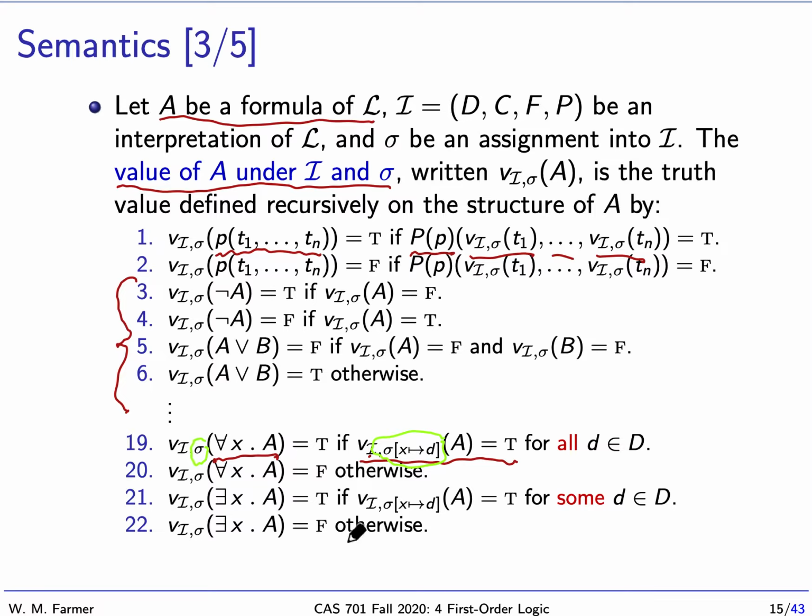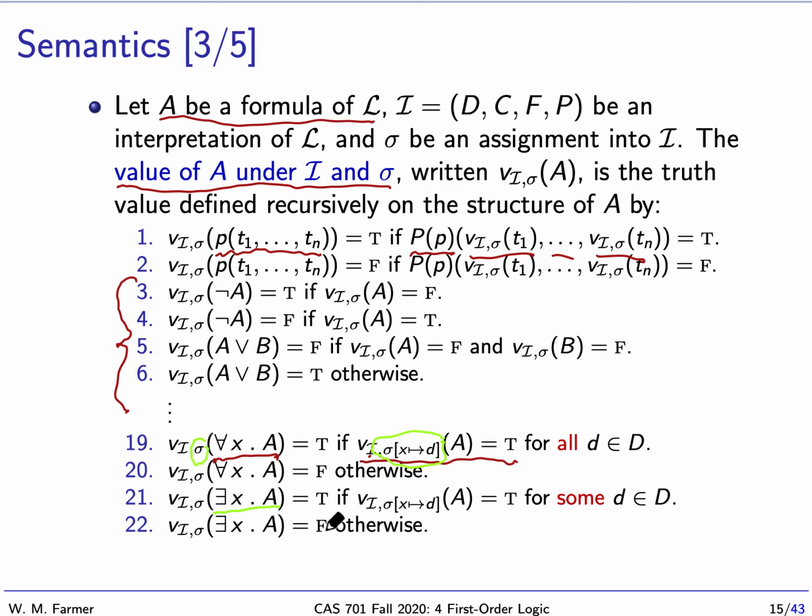Now, for an existential formula, it's very similar. We look at the value of A, where x gets the value of d. And if that value of A is true for some d, then we assign the value of there exists x, A true, otherwise we assign it false.